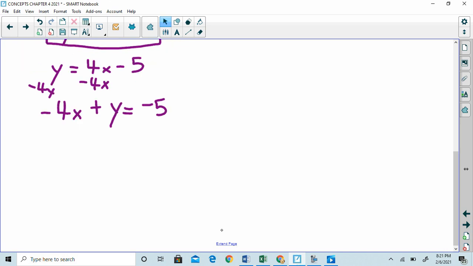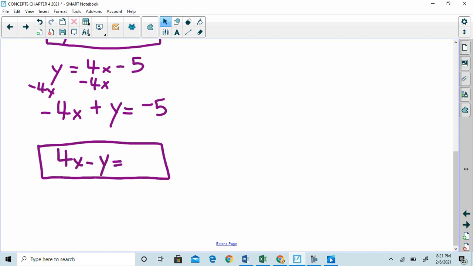However, we said there were two forms of standard. If I wanted to, I could multiply the entire thing by negative 1, and I'd have 4x minus y equals 5. Both of these are the standard form of that equation.